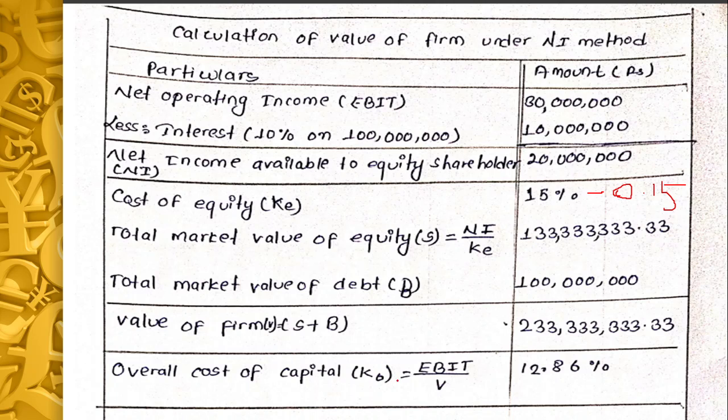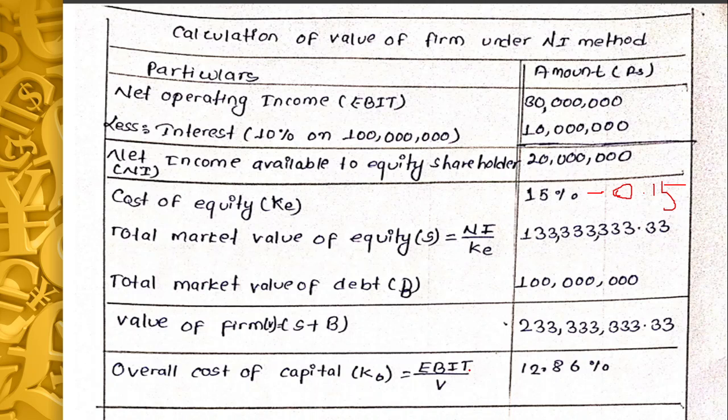So the overall cost of capital is EBIT divided by V, which is 30 million divided by 233 million, which stands at 12.86%.